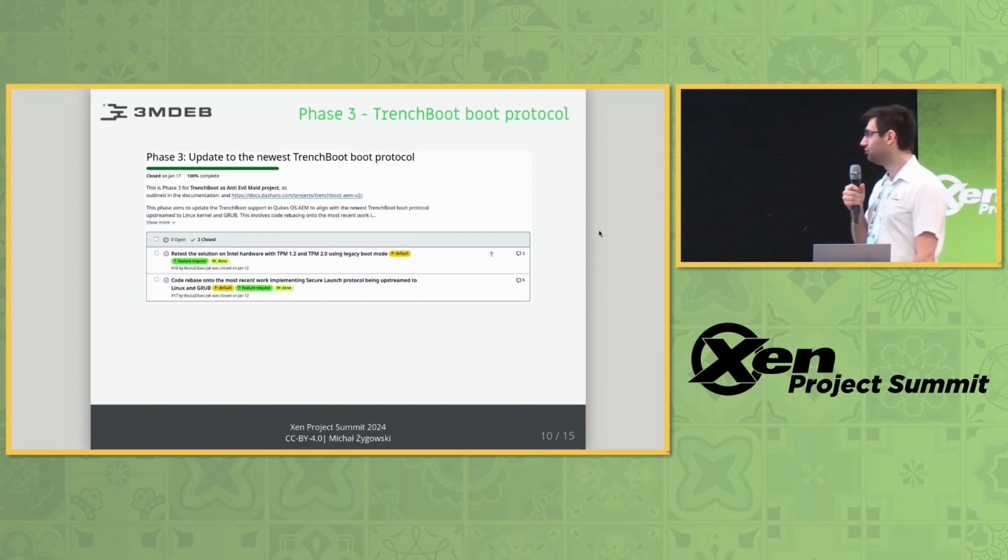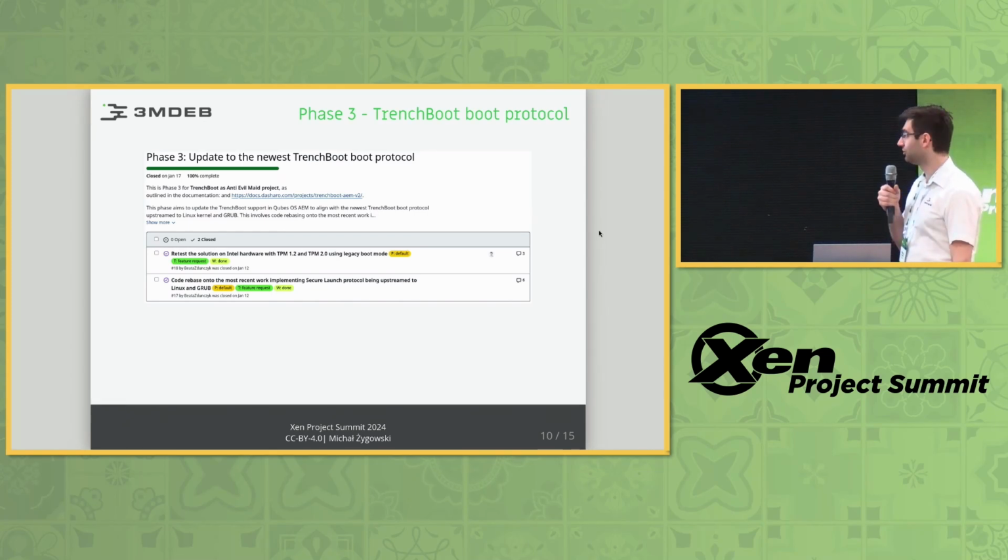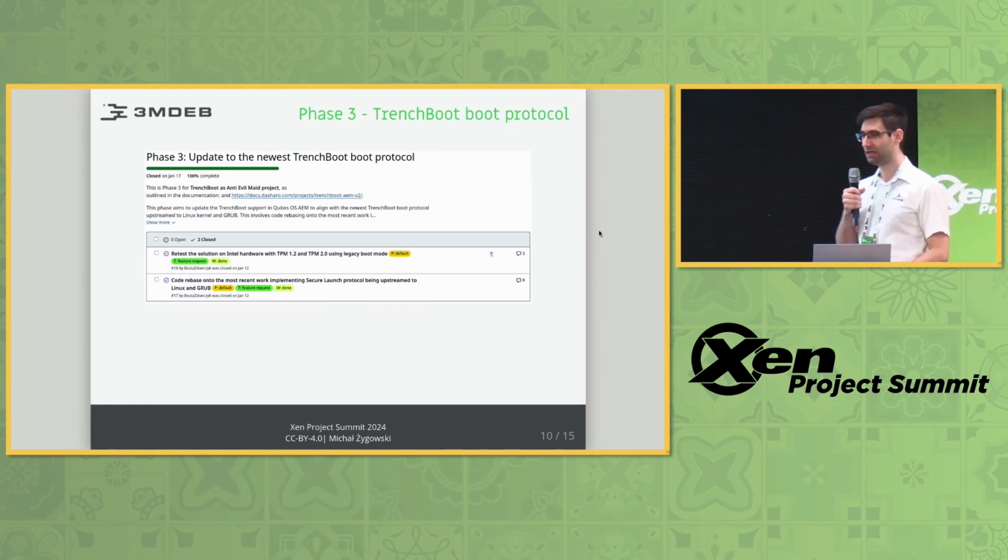When it comes to updating to the newer TrenchBoot boot protocol, there were certain changes introduced to the patch set that was enabling TrenchBoot for the Linux protocol, and it involved changes in GRUB as well, so we had to accommodate for that. We rebased the support we did for dynamic launching with the multiboot protocol in GRUB.